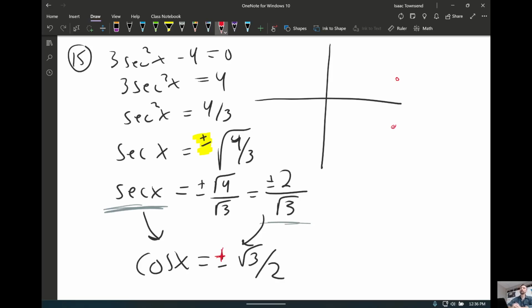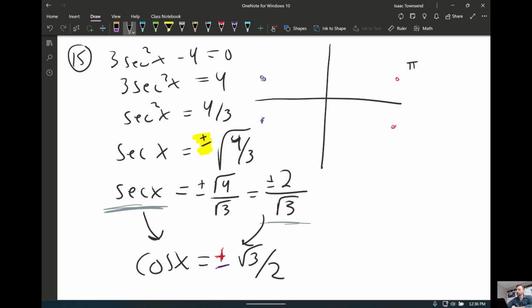Cosine is positive square root of 3 over 2 in a couple places. It is negative square root of 3 over 2 in a couple places. And before I start to write down my answer, I would look at the directions personally. You don't have to write it both ways. This one just says solve, so that implies coterminal angles as well.